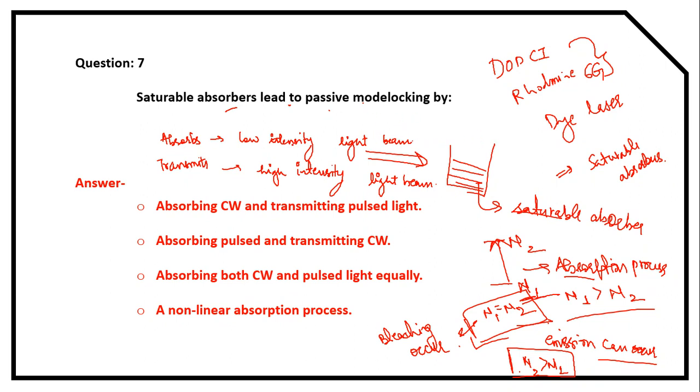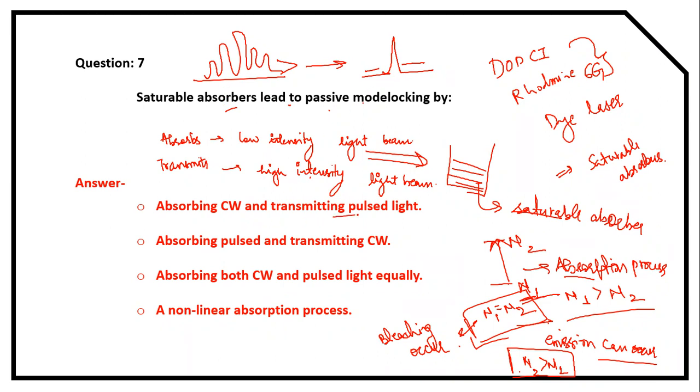Now, what is this passive mode locking? Since it absorbs the low intensity light, it transmits only the high intensity light. Suppose a collection of pulses is going through this saturable absorber. In the resultant beam, you will get only this peak. You won't get these others because they are absorbed by the saturable absorber.